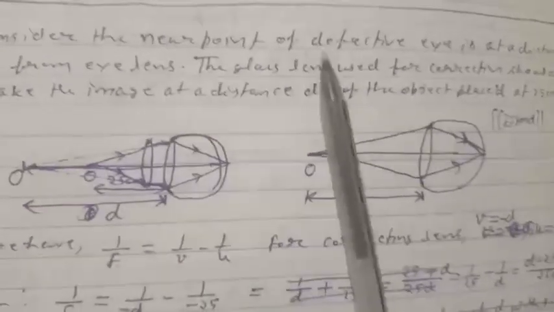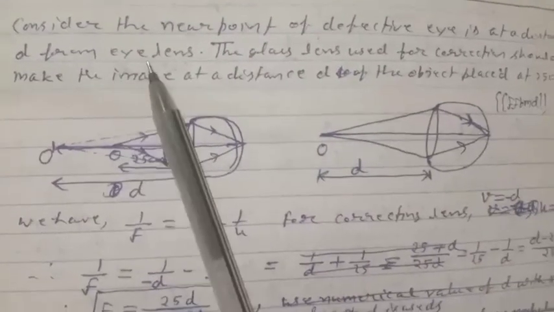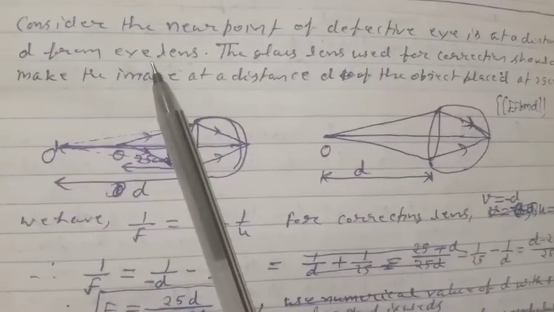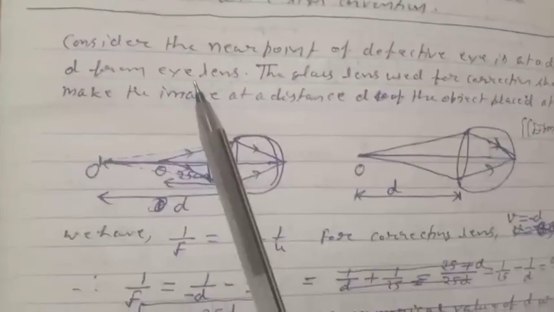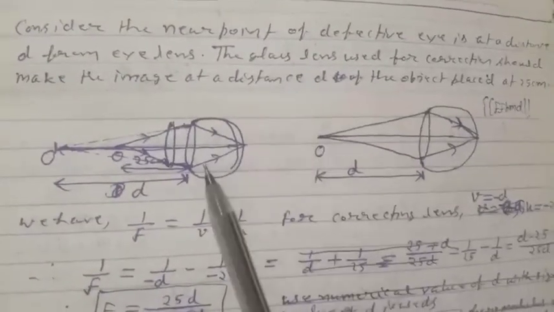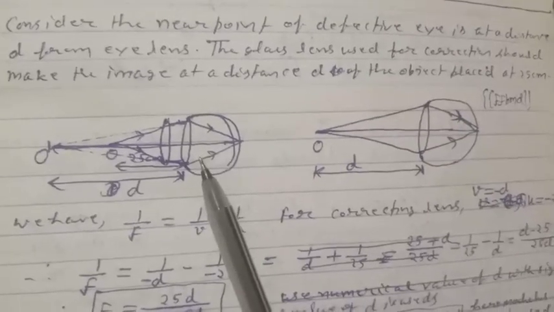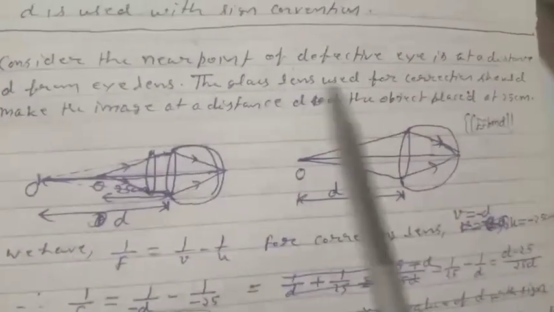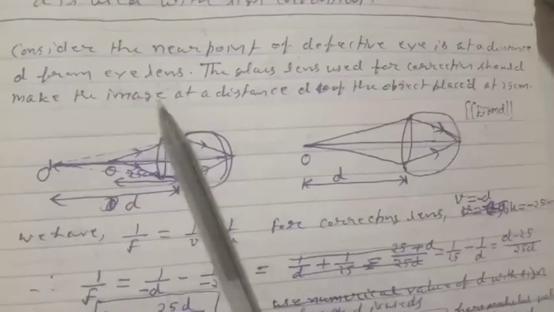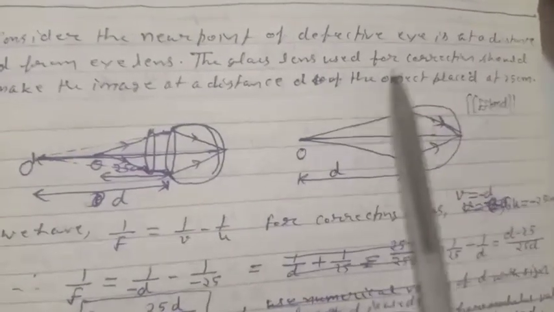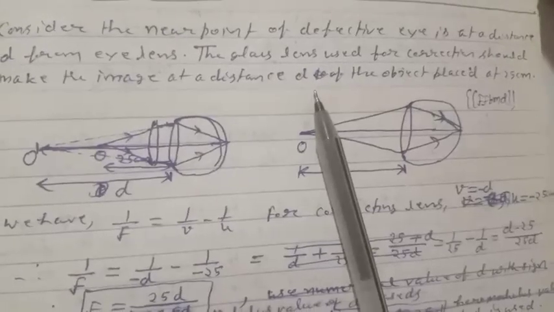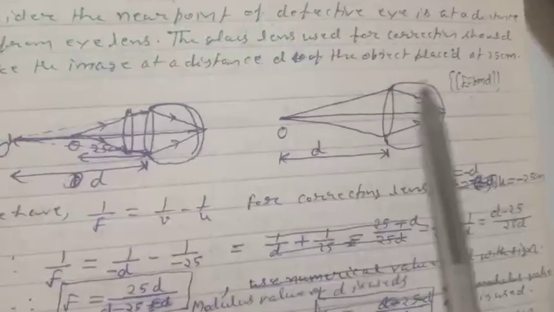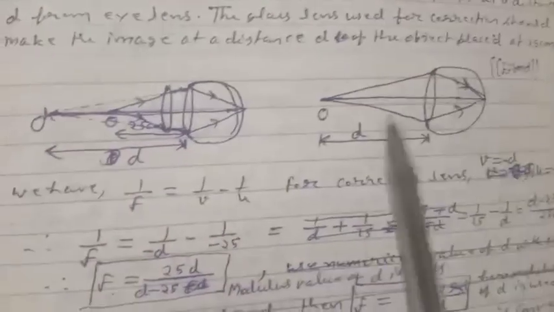Now consider the near point of the defective eye is at a distance d from the eye lens. The glass lens used for correction should make the image at distance d of the object placed at 25 centimeter.